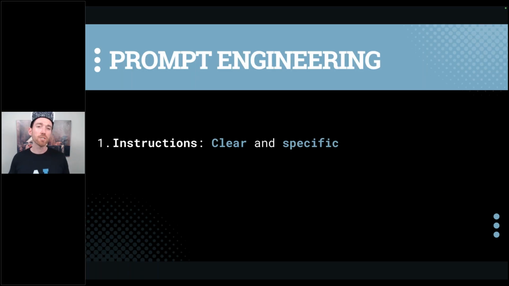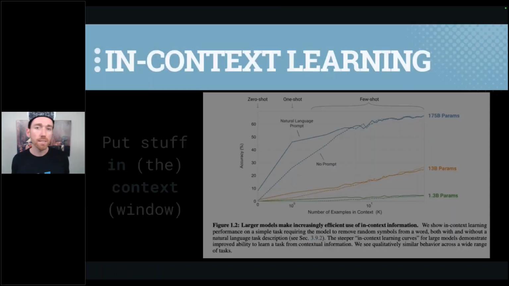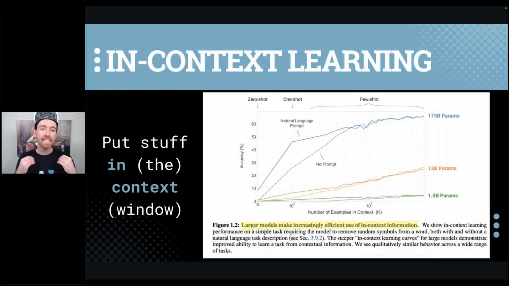Now, there's a lot you can go into in terms of best practices of prompt engineering. It's beyond the scope of where we want to get to today. The point here is that we're putting what we want in the context window.